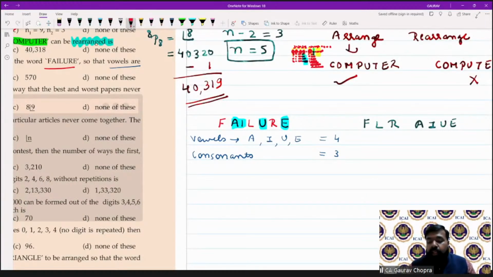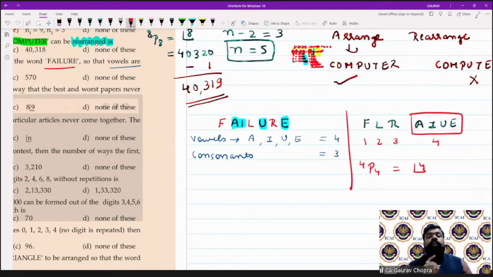So let's tie them. सबको बांध देते हैं. After tying, consider this as only one unit. So F is 1, L is 2, R is 3, and all this is 4. Now we have to arrange all these 4 of them. These 4 can be arranged in 4p4, that is factorial 4 ways.